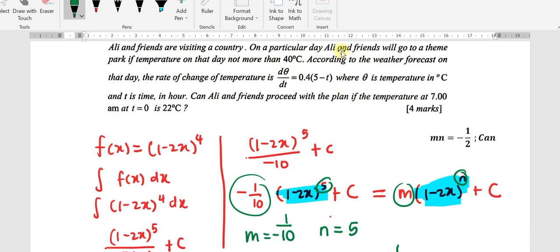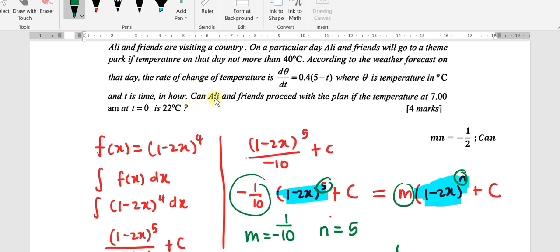On a particular day, Ali and his friends will go to the theme park if the temperature on that day is not more than 40 degrees Celsius. According to the weather forecast on that day, the rate of change of temperature is like this, where theta is temperature in degrees Celsius and t is time in hours.